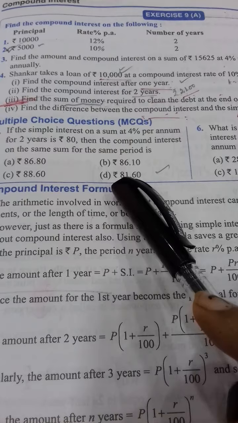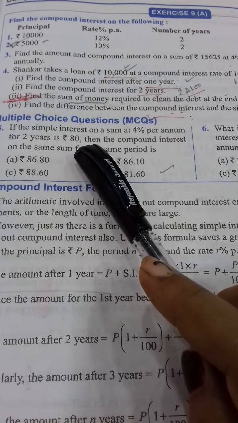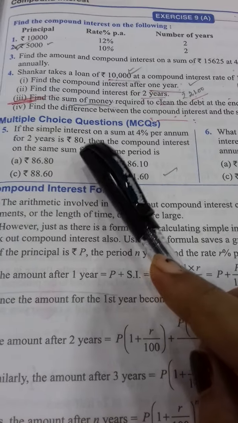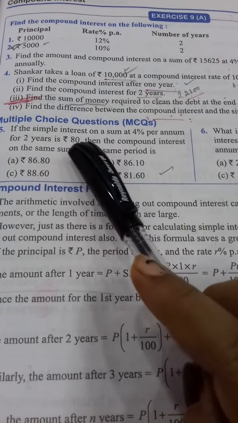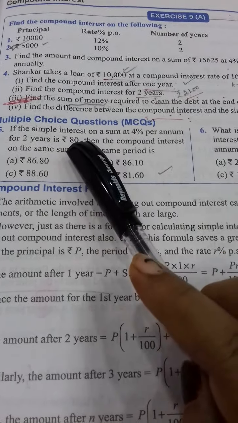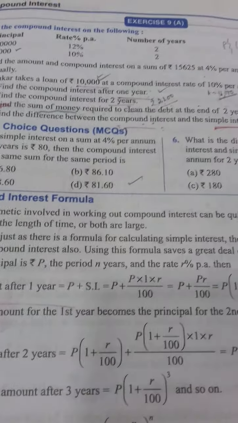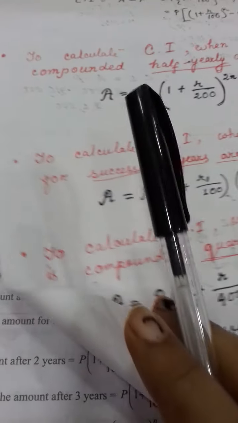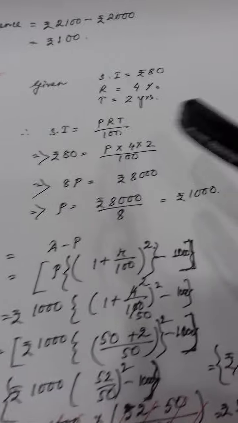What will be the compound interest? So, now to get the compound interest, at first you have to find out the principal or not. Means on which sum of money this is the simple interest rupees 80, or for which sum of money you have to find out the compound interest. What is the original money? Clear or not? So first you have to find out the principal. Clear? So here it is.